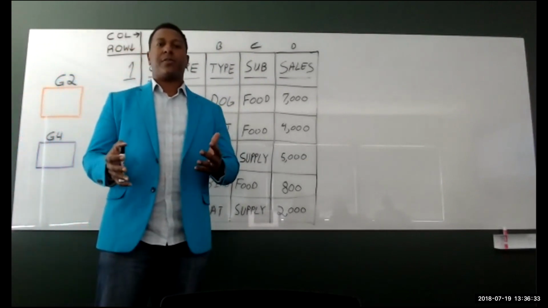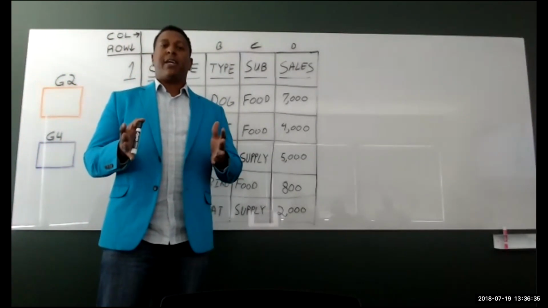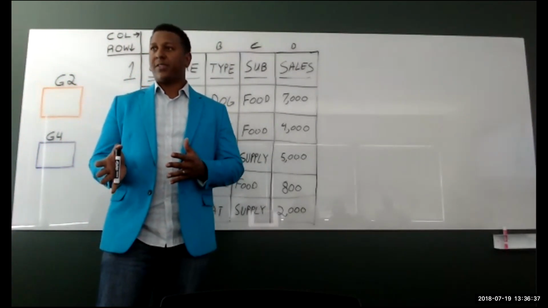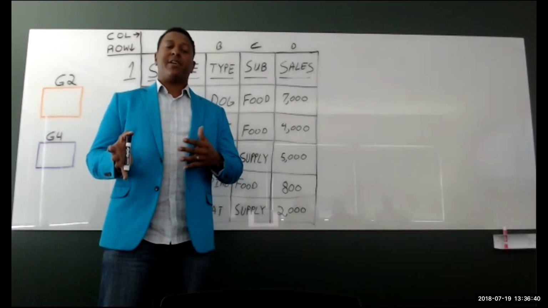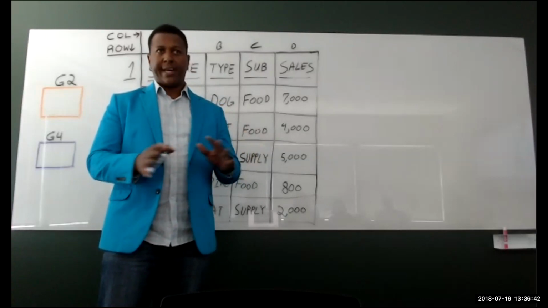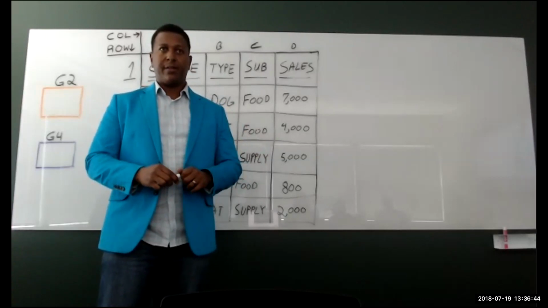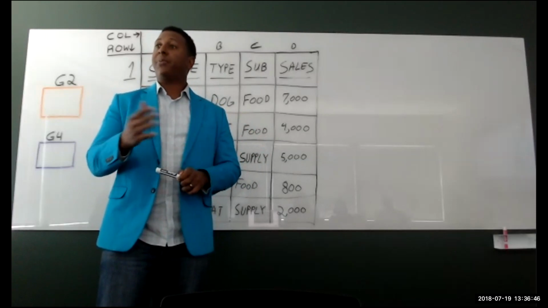So just to recap, if you have files that are in the older version of Excel and you save them in the newer version of Excel, you will not lose any functionality of your data. It just brings it over so that other people can actually use it.